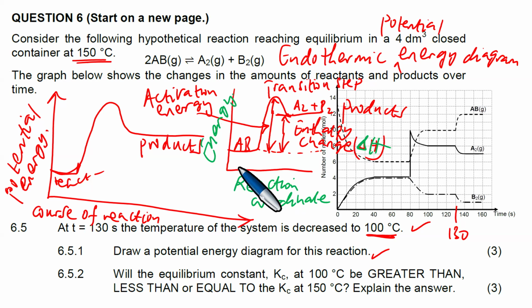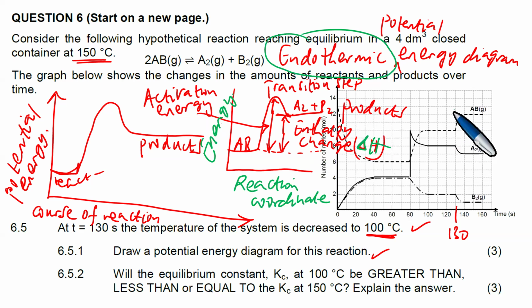There's something very important I want to mention here. This is for the endothermic, where the potential energy of the products is certainly higher than the potential energy of the reactants.